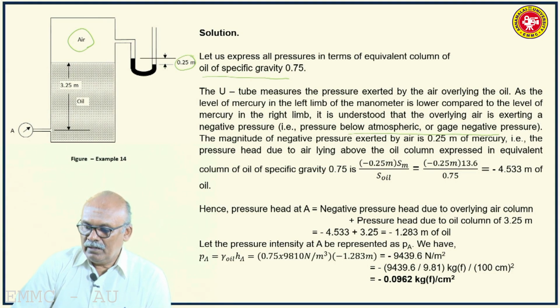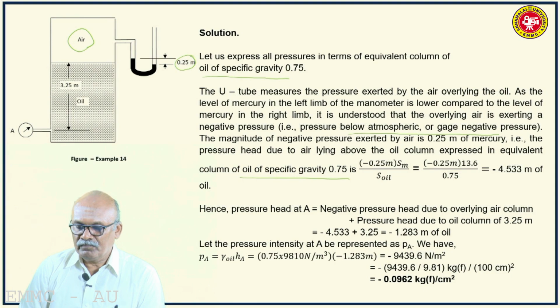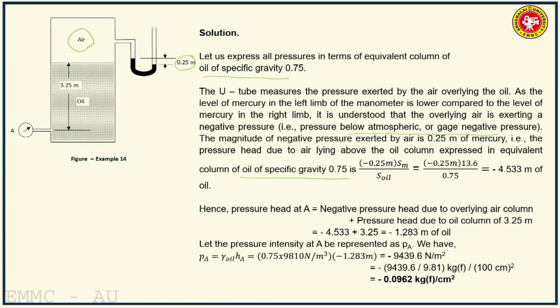This 0.25 meter of mercury can be expressed in equivalent column of oil of specific gravity 0.75, using the expression S oil into H oil is equal to S M, that is specific gravity of mercury, into column of mercury.